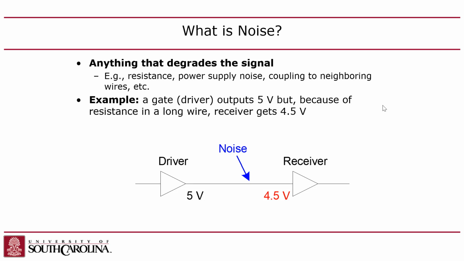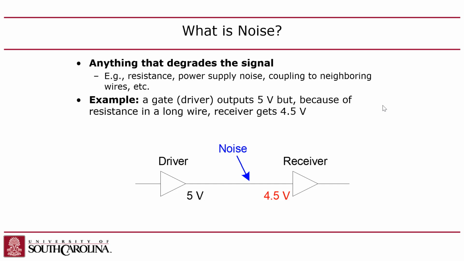CMOS is the technology that's used to build gates on a digital logic chip. It's designed to use very low power if you're not switching, if it's just putting out a 0 or 1. But if you switch from 0 to 1 or 1 to 0, there is a spike in current in that gate.